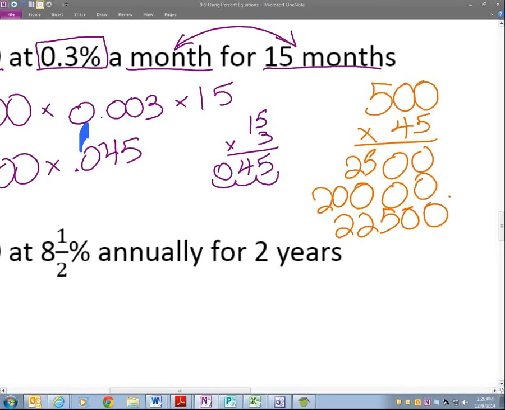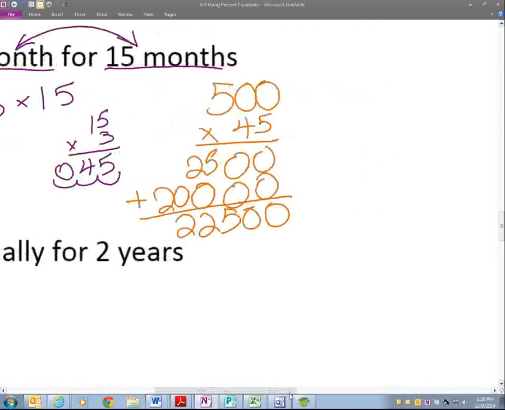So I added those together. I got 22,500, but now I had to put the decimals back into it. There were 3 decimals in it, so I have to put 3 decimals back into here. So it's going to be 22.50.